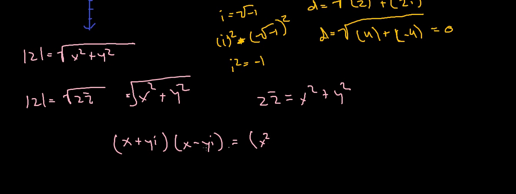So that times that is x squared, and then that times that is minus xyi, and this is going to be plus xyi, and then this is going to be minus y squared i squared, which is always going to be minus 1, which changes to this.